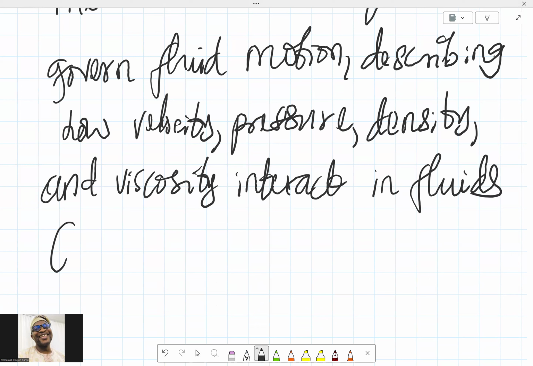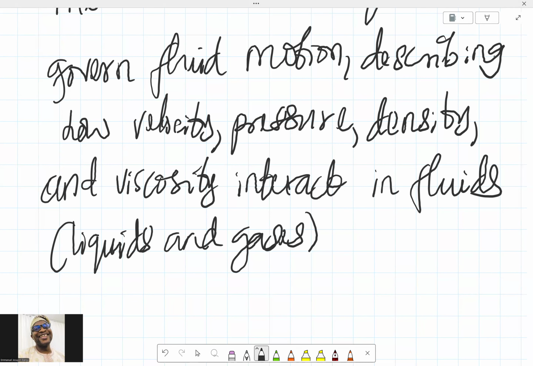And by fluids, we mean liquids and gases. Liquids and gases are generally considered as fluids.